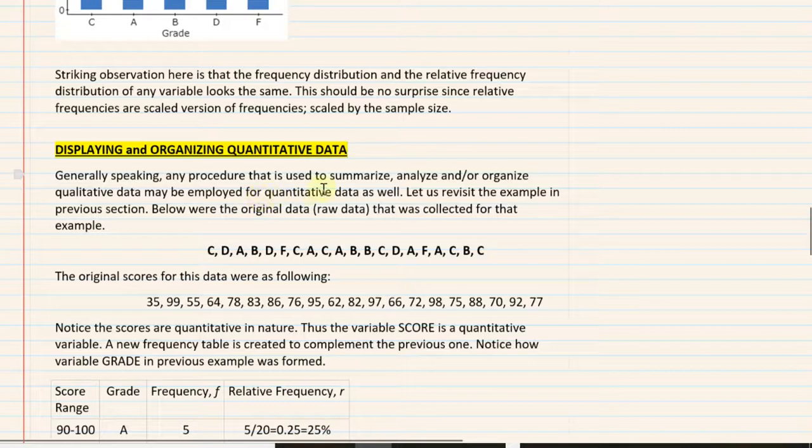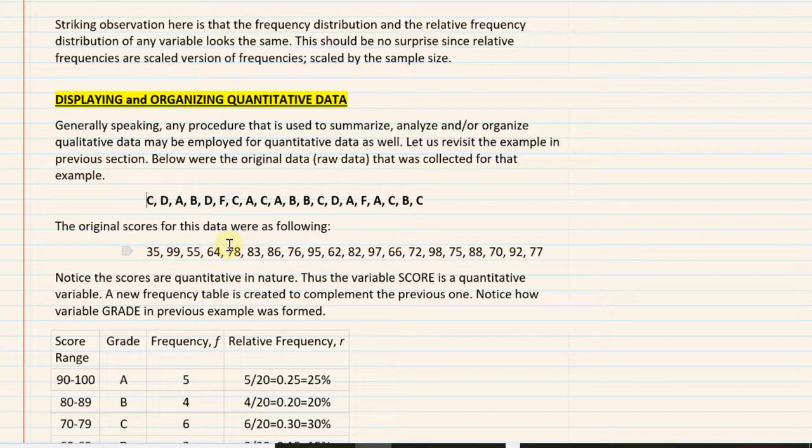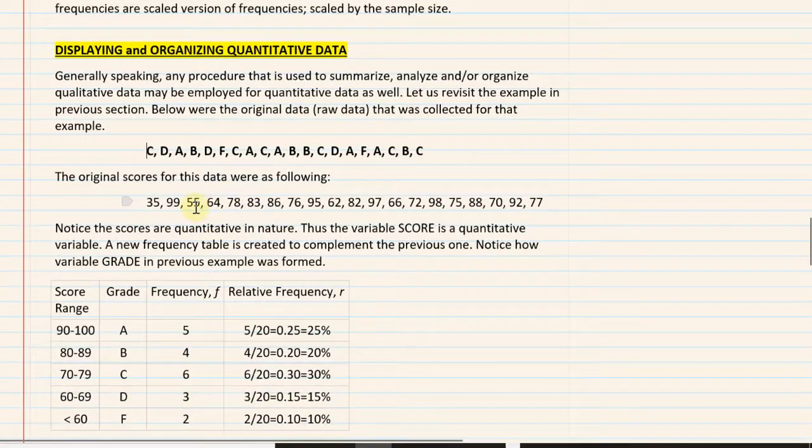Generally speaking, anything that you do to qualitative, you can do for quantitative. Now these are the scores, right, that I had for these students, the 20 scores, the letter grades, and these are the scores that correspond to those. I'm not saying C is 35, D is 99. They're not in the same order, but they're the same scores.